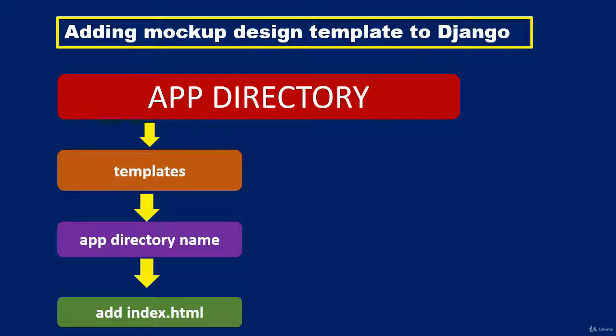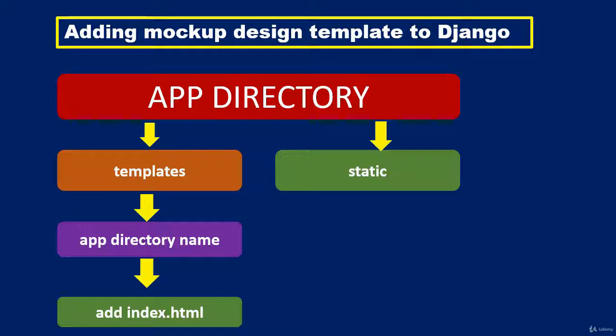Another thing you have to do is create a static directory. Again, this static directory should be created under the app directory. So you create a directory called static, and then within that static directory, you create another directory with the same name as the app directory name.